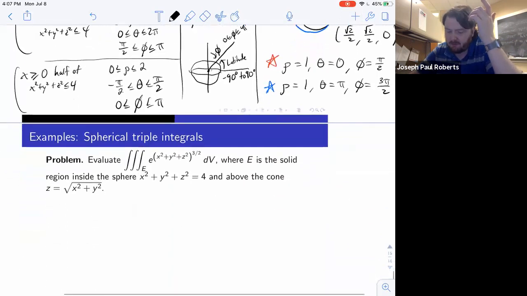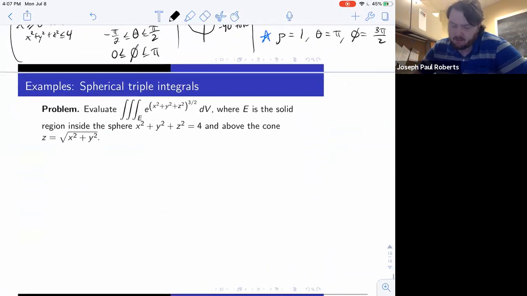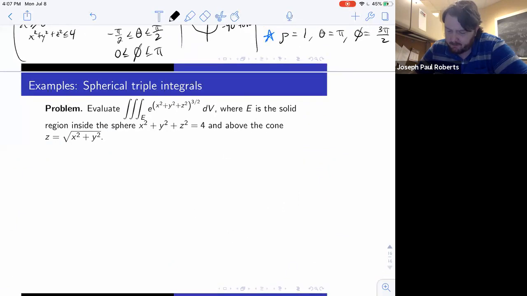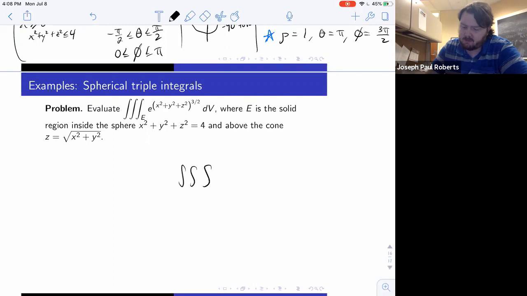And so I think I just want to do one more example today. So let's say I want to calculate this, e to the x squared plus y squared plus z squared to the 3 halves, where E is a solid region inside a sphere and above a cone. So, 2/3 of this is pretty standard, and it's going to be the same every time you use spherical coordinates.